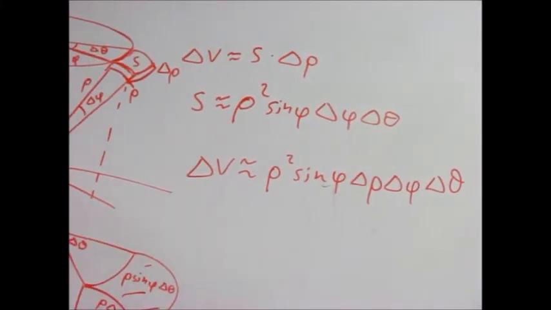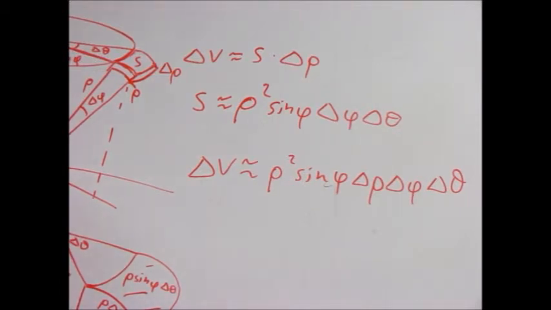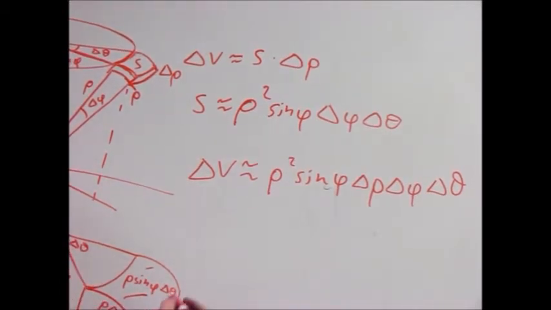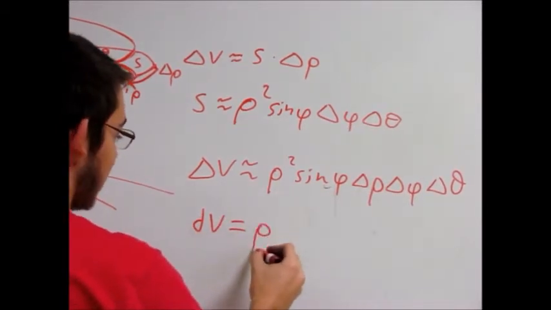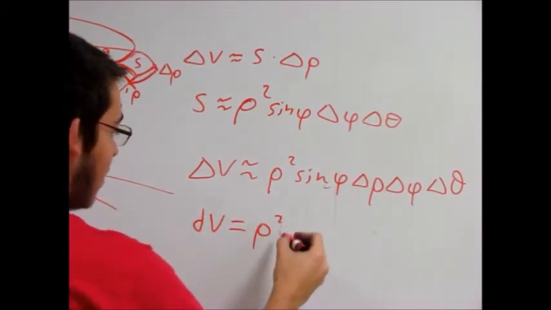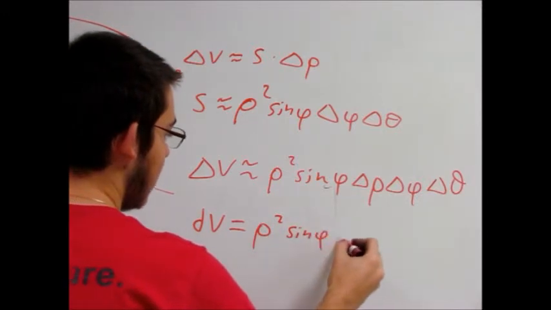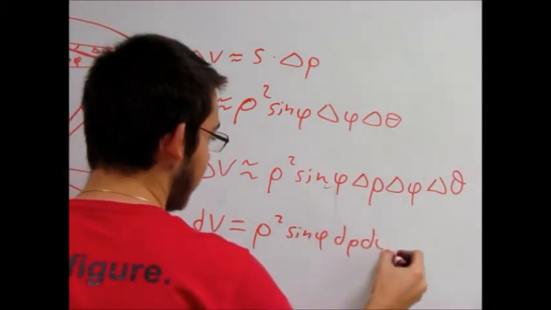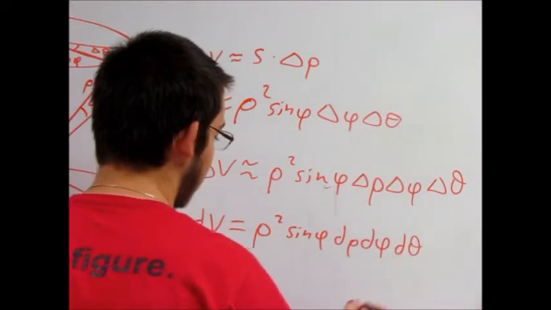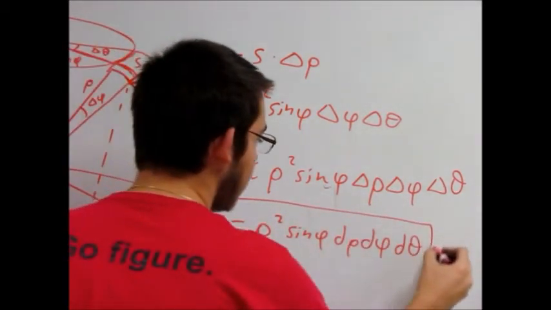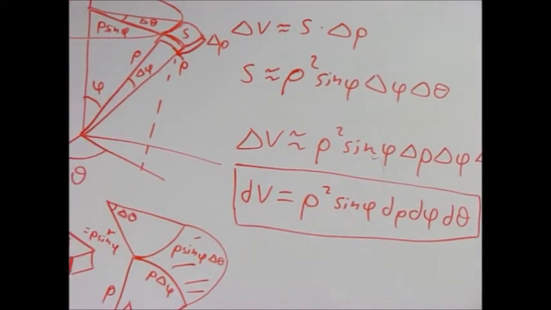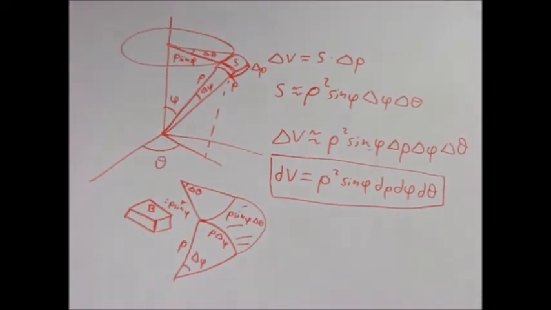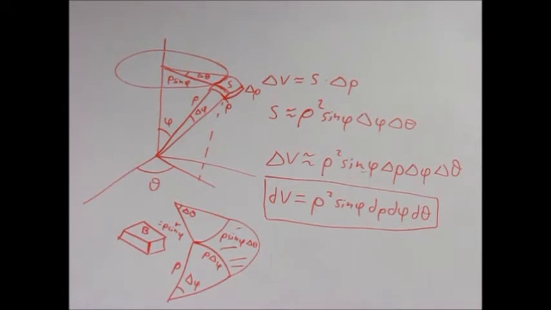And as each of these gets closer and closer to zero in the limit, we get dV equals, this becomes an exact equality, rho squared sine phi d rho d phi d theta. This is also an important formula to remember. So that's what dV is.